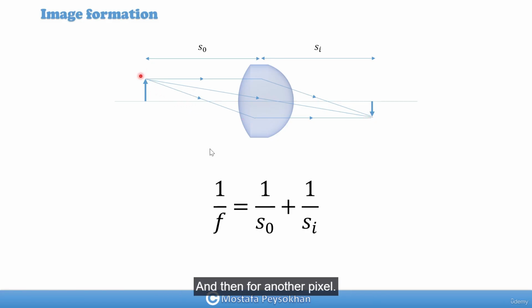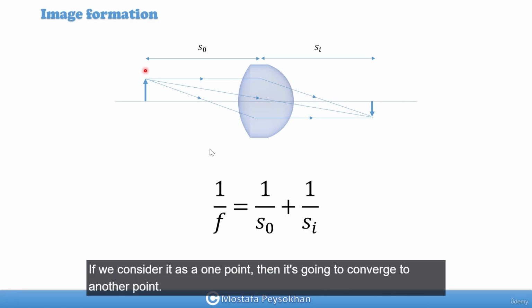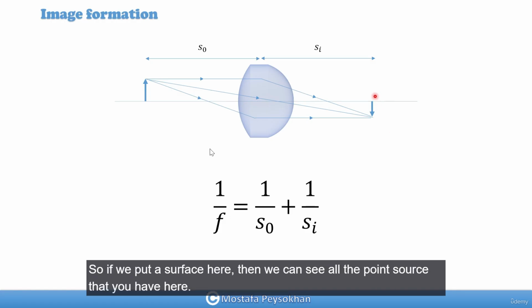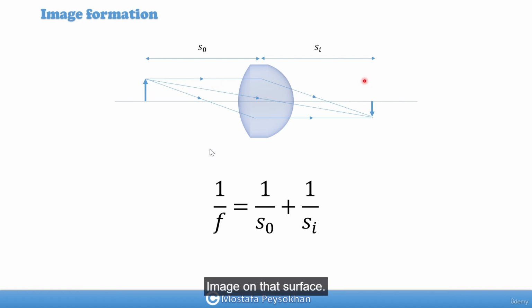And then for another pixel, or it's better to say another part of your image, if we consider it as one point, it's going to converge to another point. So a lens system is a one-to-one system that images the whole object onto an even smaller or bigger surface. If we put a surface here, then we can see all the point sources that you have here imaged on that surface.